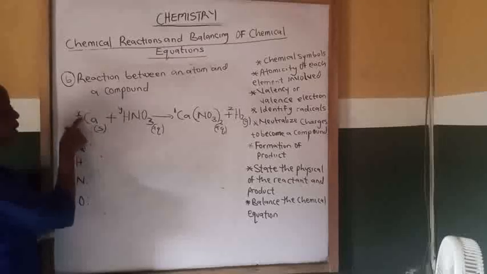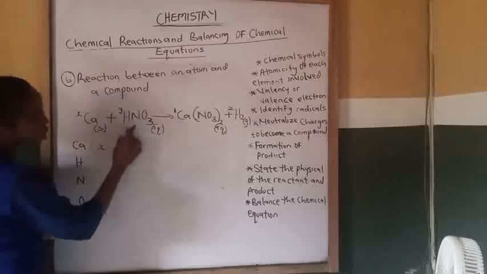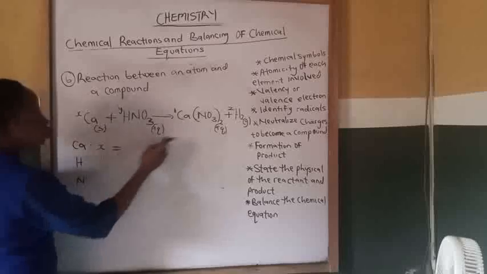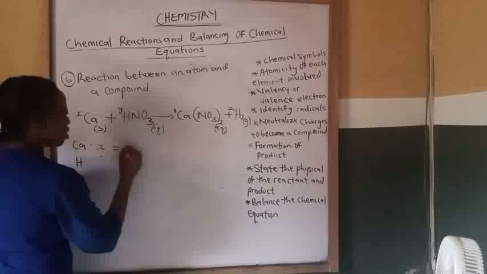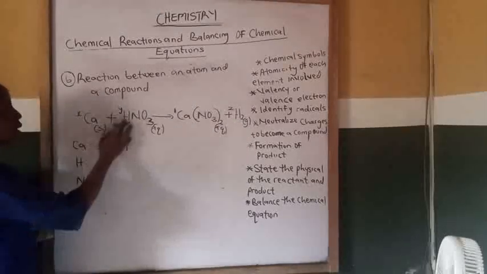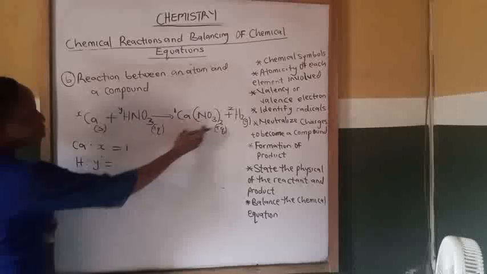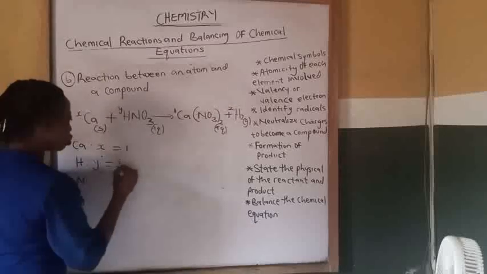Then you multiply that by your coefficient. So 1 times X will give me X. There's no calcium here, then my arrow will change to equal to. How many calcium at this side? That is 1. 1 times 1 gives me 1. Then you proceed to hydrogen. How many hydrogen at this side? That is 1. So 1 times Y gives me Y, equal to, there is no hydrogen here. Then we have hydrogen here. How many hydrogen at this side? 2. So 2 times the coefficient, that is 2Z.